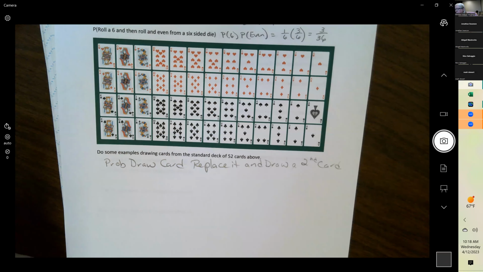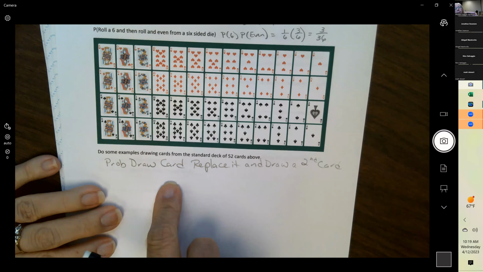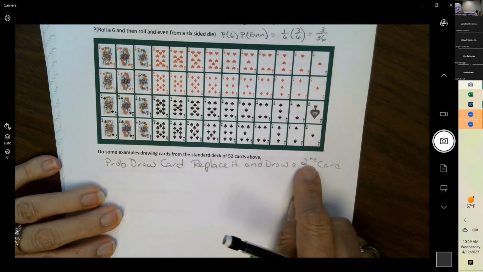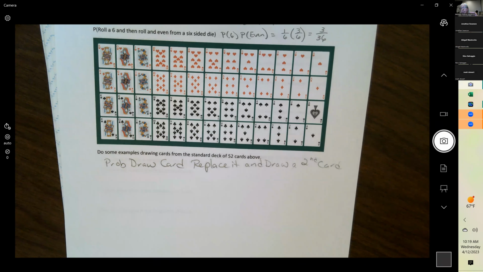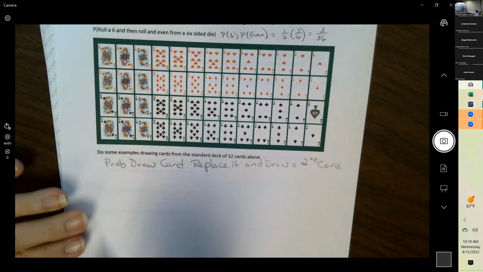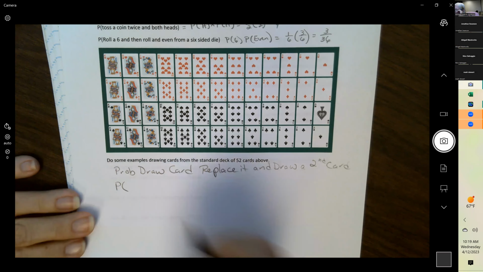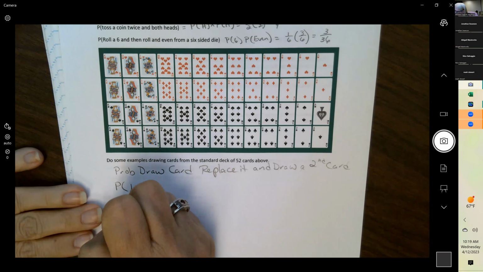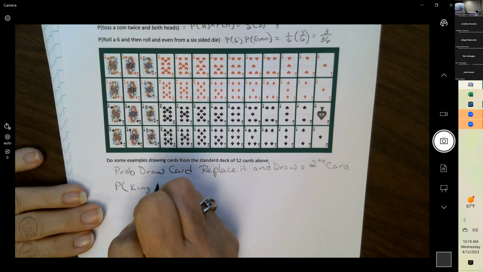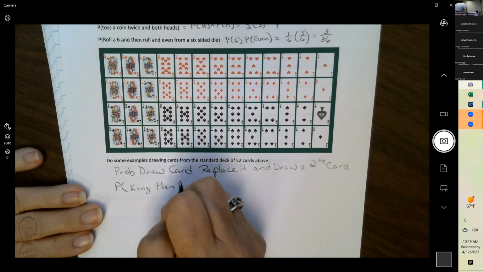So that means these are independent. The probability of drawing a card, replacing that card and drawing another one, that makes them independent because I have all 52 cards again. I'm not changing my probability. So let's find the probability it's a king, then an ace.